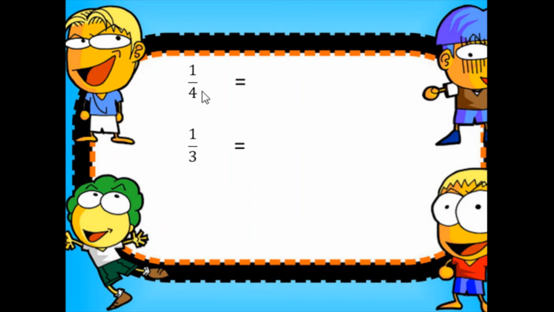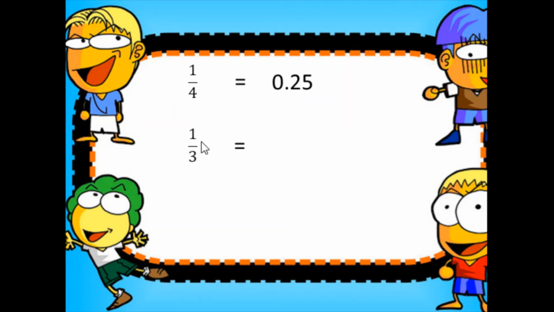Another way to compare fractions is to change it to decimal form. Right? And we've already studied how to change fraction to decimal already, so it's easy. 1/4 in decimal is what? Okay, it's 0.25. Good job.